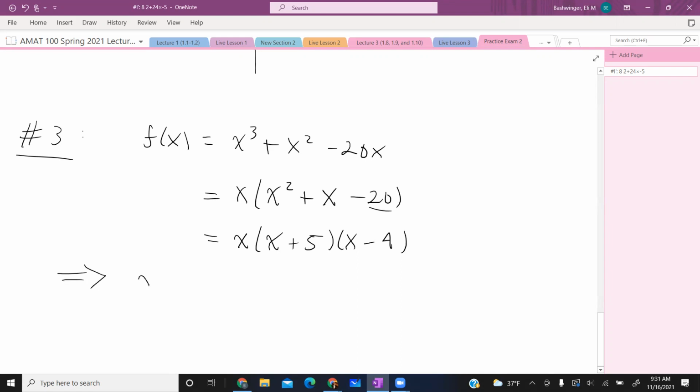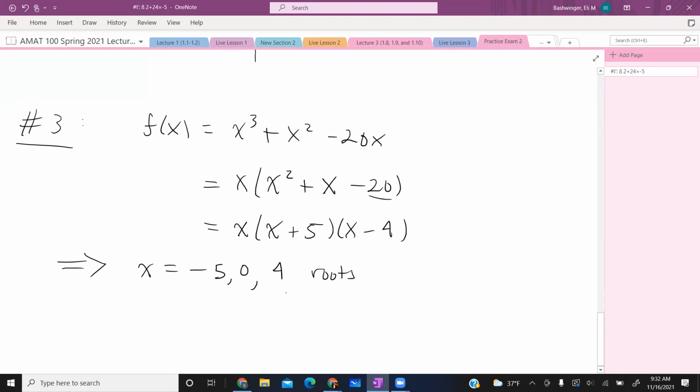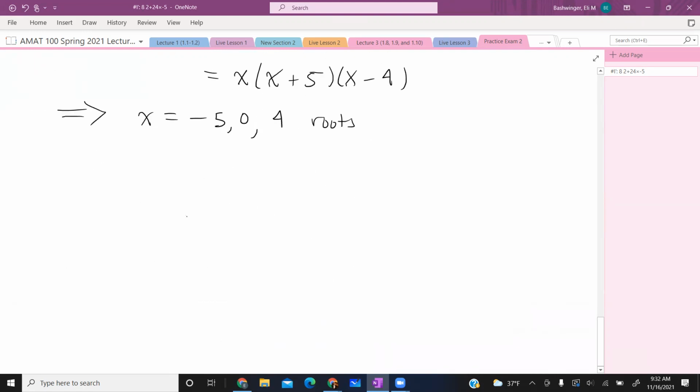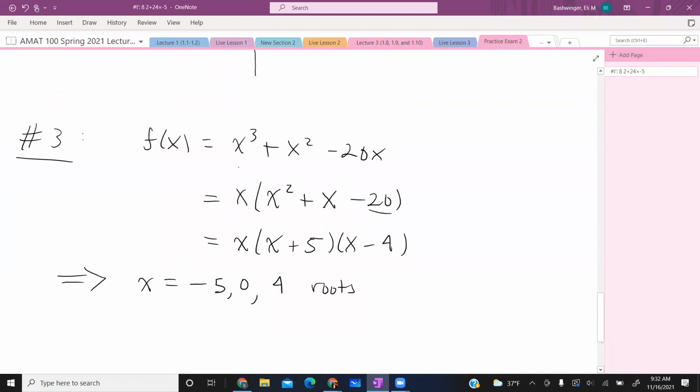So this implies that the roots are, let me just write them in increasing order, negative 5, 0, and then 4 are the roots. And then also, the leading coefficient is positive.